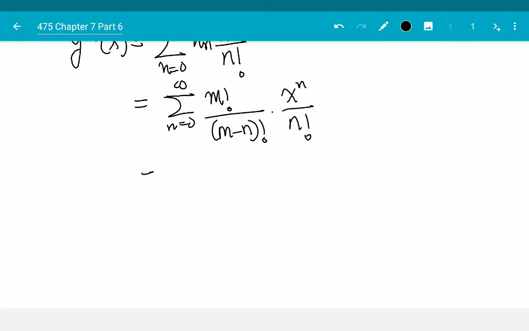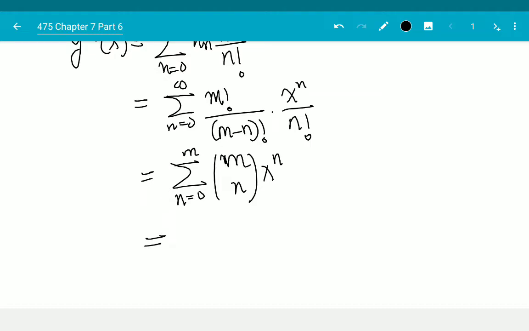I know that h_n is 0 after n equal to m, so I will write this as summation n equal to 0 to m of m choose n x to the n, because that's exactly what m factorial over (m minus n factorial times n factorial) is.